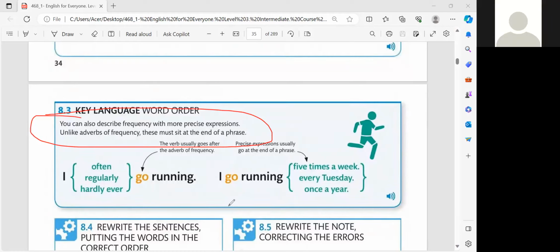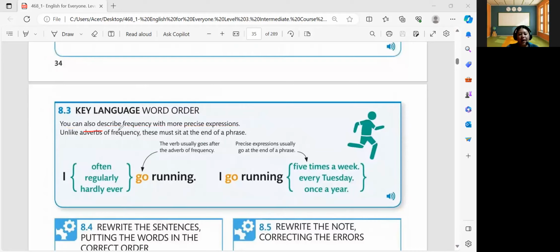Okay, very good. So you can also describe a frequency with more precise expressions. Unlike adverbs of frequency, these must sit at the end of a phrase. So that is all about the word order. So let's go to the examples here.